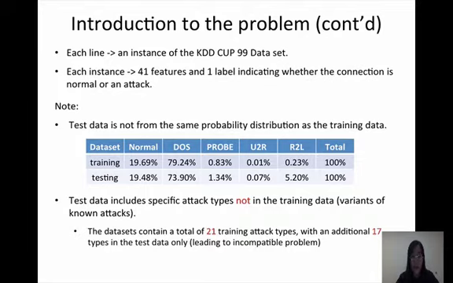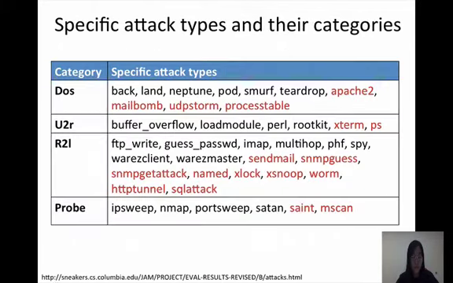This leads to an incompatibility problem in my initial analysis, in which the models cannot by any means make a valid prediction over the new classes since they have never seen these classes before.